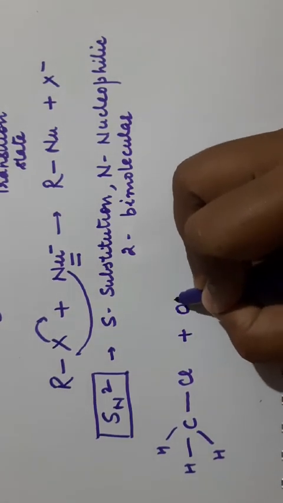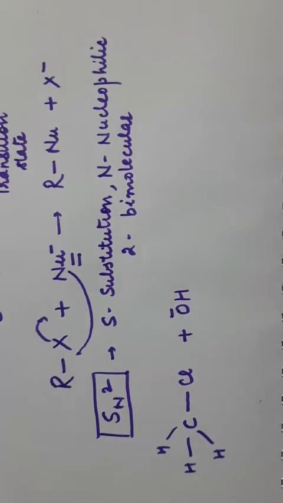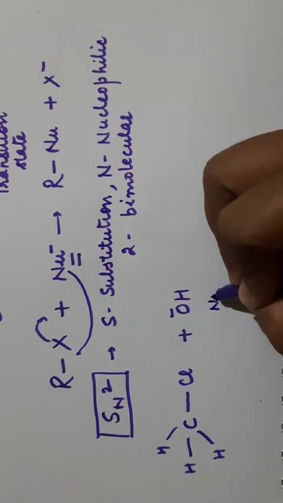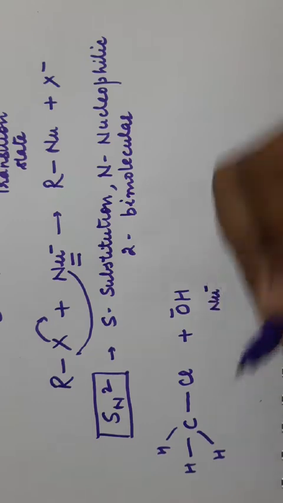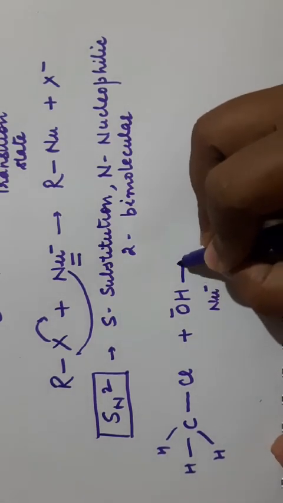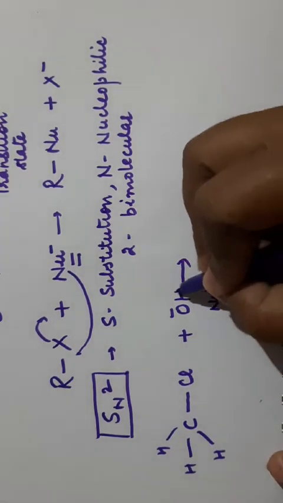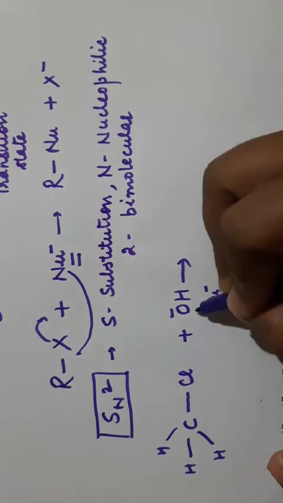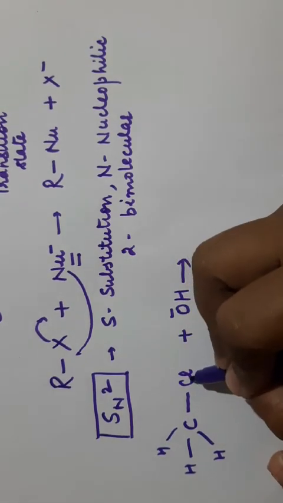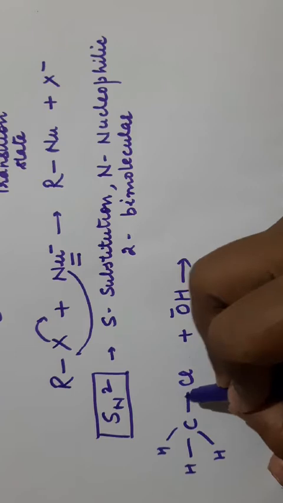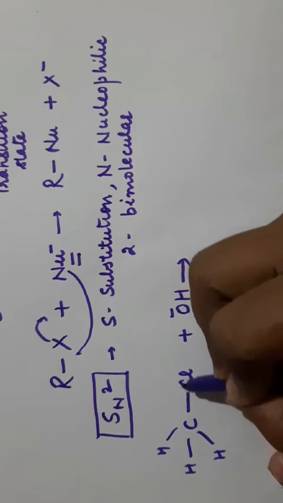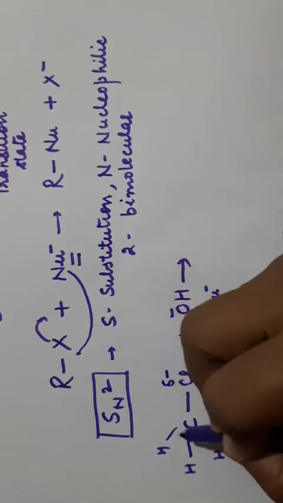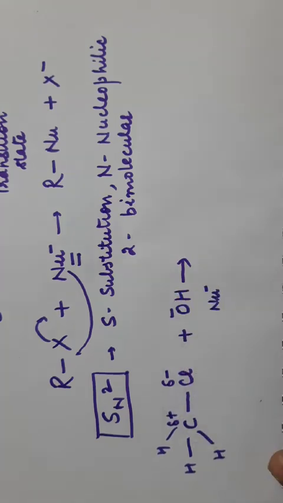It reacts with a nucleophile, suppose OH minus. This hydroxide is a better nucleophile than Cl minus. Now the C-Cl bond is a polar bond, meaning chlorine is more electronegative, so it will develop a partial negative charge.